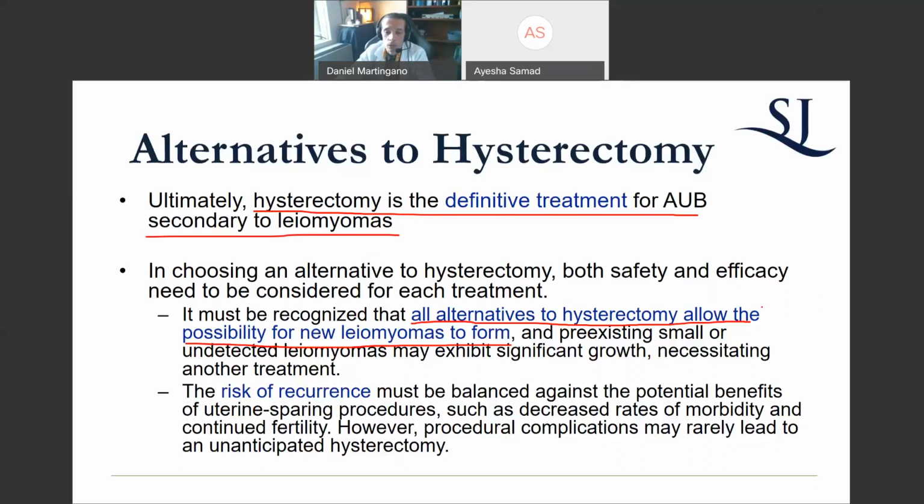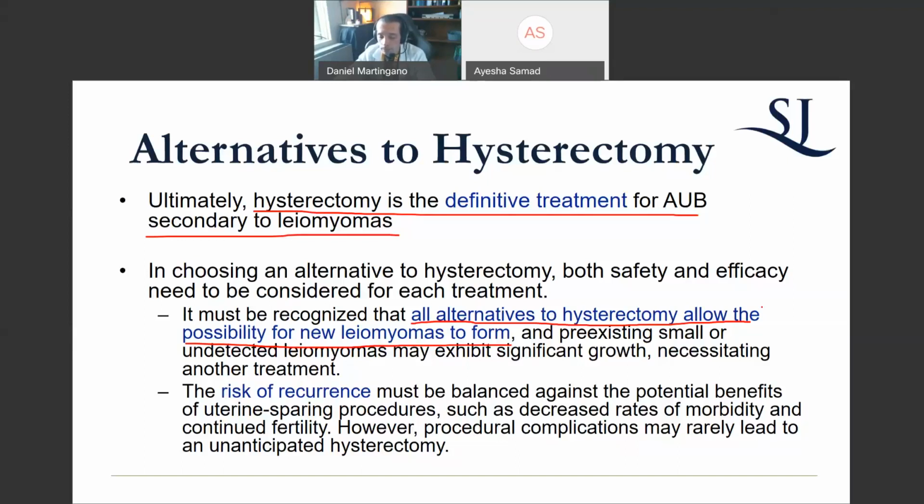You could also have a patient, say, who is perimenopausal. The average age of menopause is 52. So say a patient is 45, and she's still having periods, but she has abnormal uterine bleeding. Now, as I'll explain, your alternatives to hysterectomy invariably provide about a 5-year window before symptoms may develop again, right?